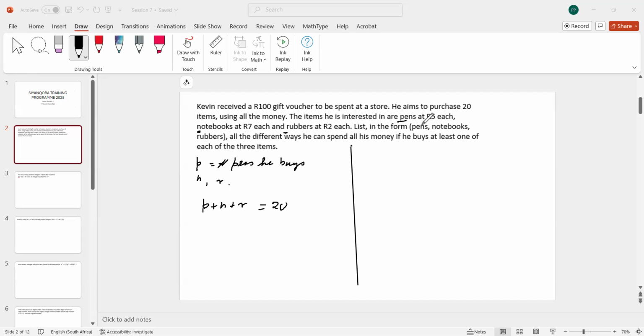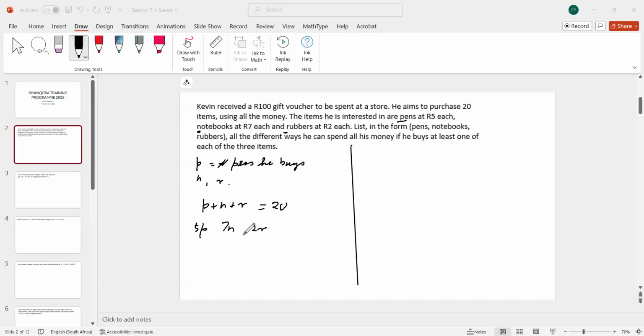Then it says that the pens are 5 rands each. So you will spend 5 times P rands on pens. Likewise, each notebook is 7 rands, so on N notebooks, you will spend 7N rands. And on rubbers, you will spend 2 rands each, so that's 2R.